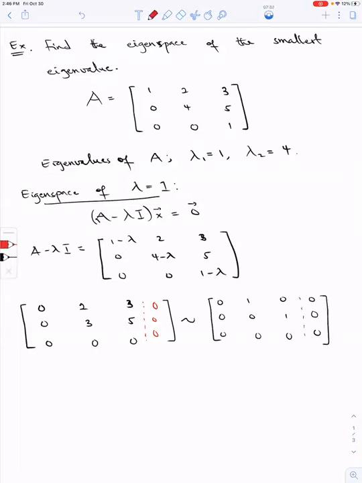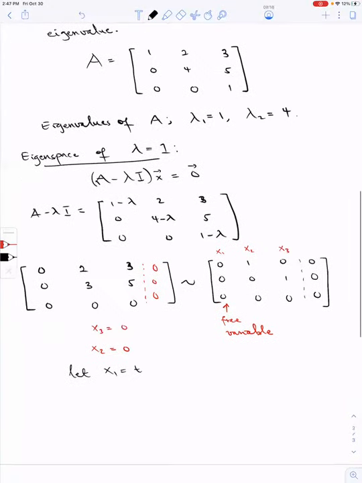Without loss of generality, if I call the variables x1, x2, and x3, then x3 = 0, x2 = 0, and I have a free variable, so I can let x1 = t.